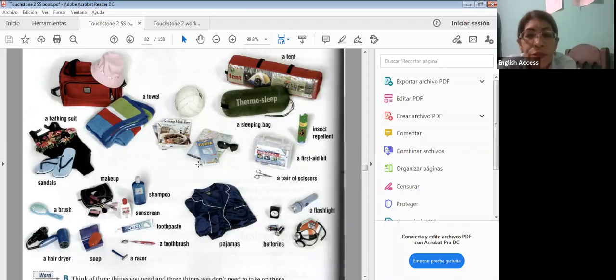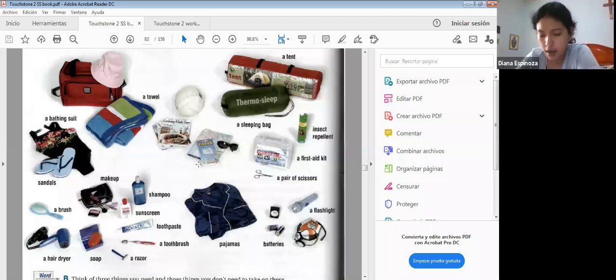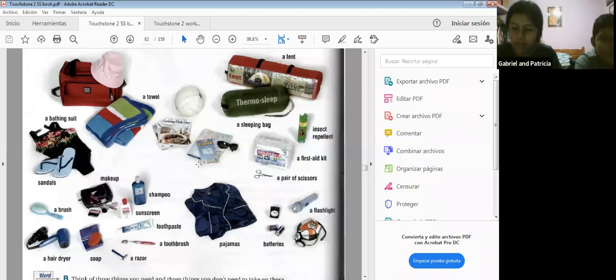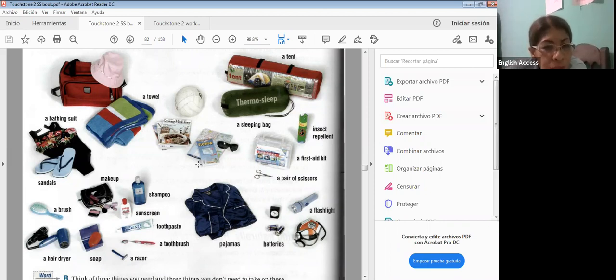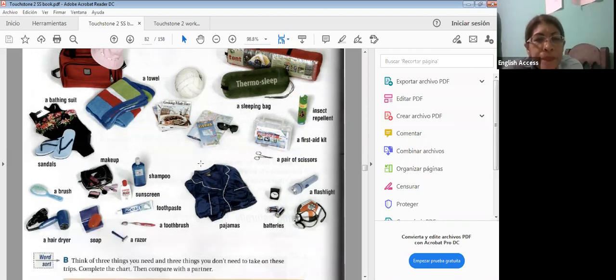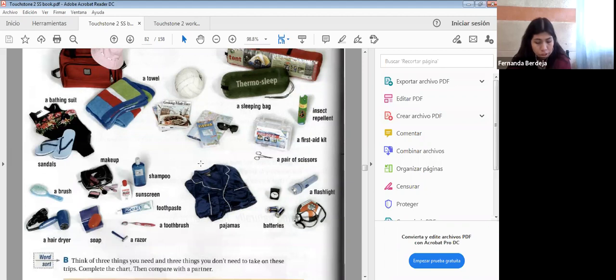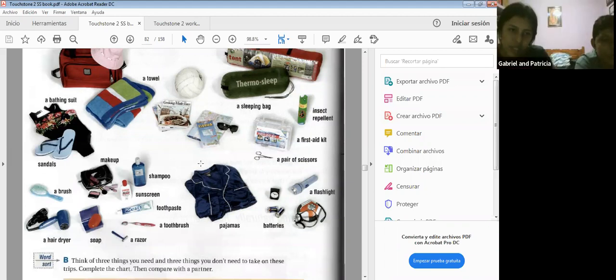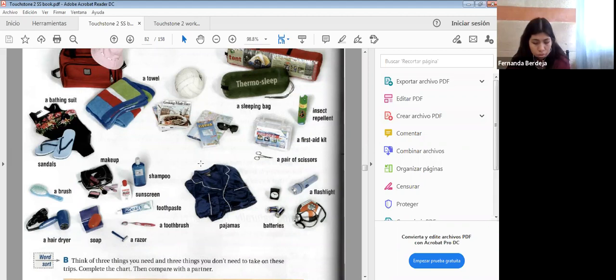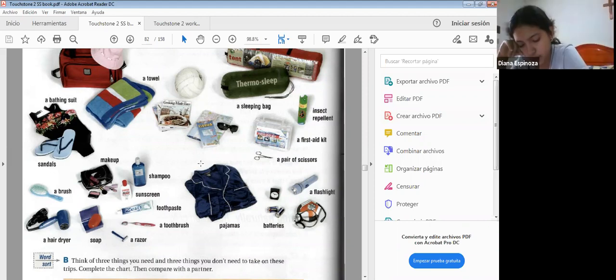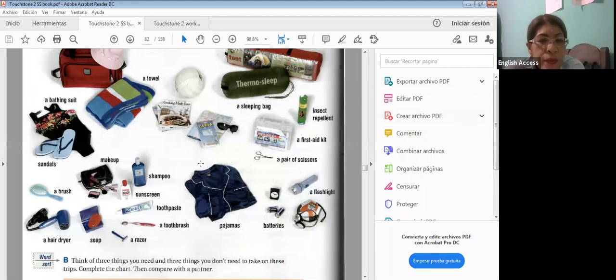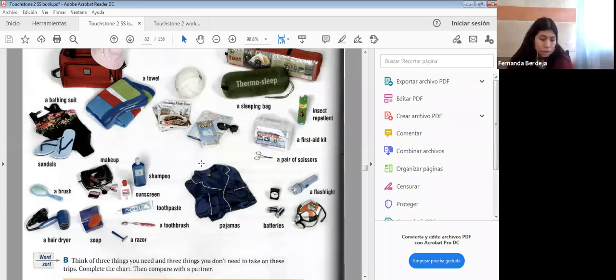A bathing suit, a towel, sandals, a brush, makeup, shampoo, sunscreen, toothpaste, a toothbrush, a razor, soap, a hair dryer.